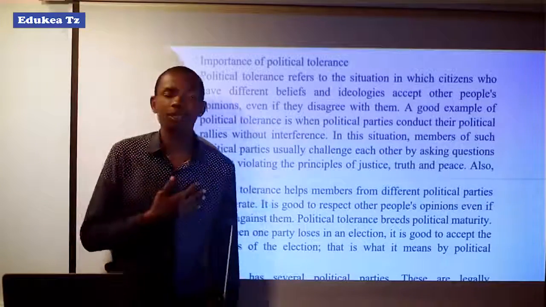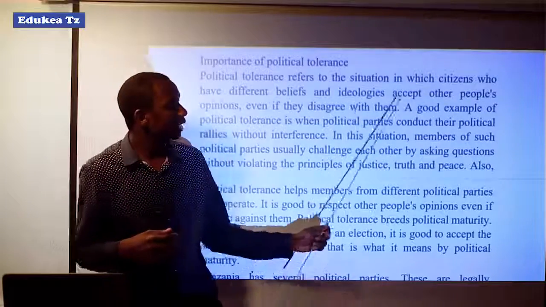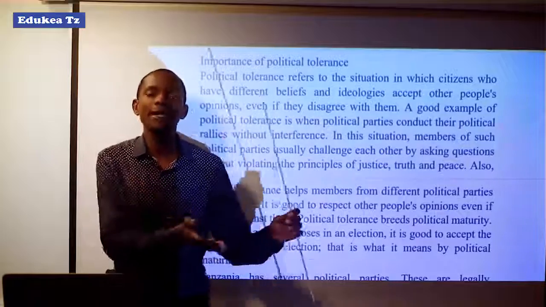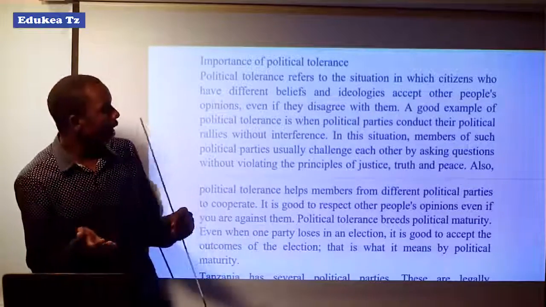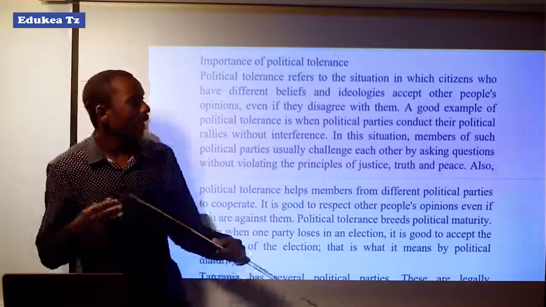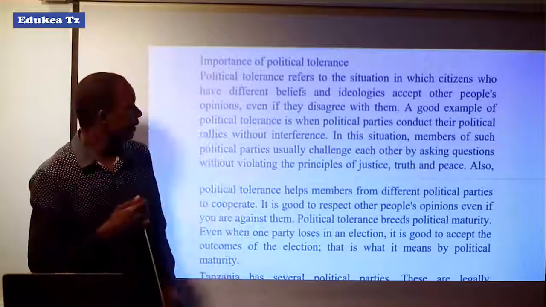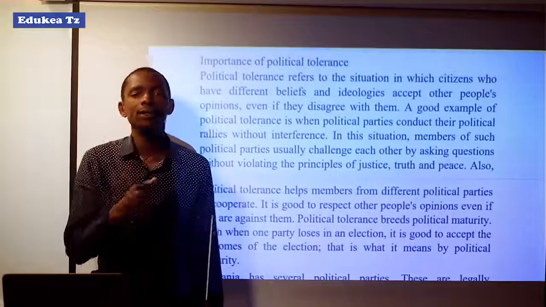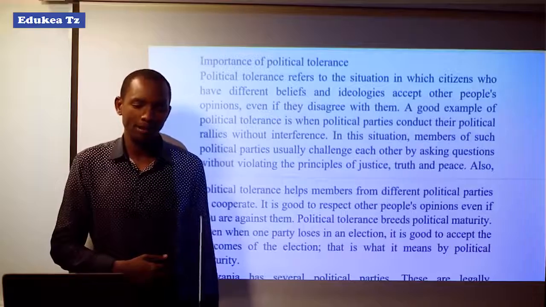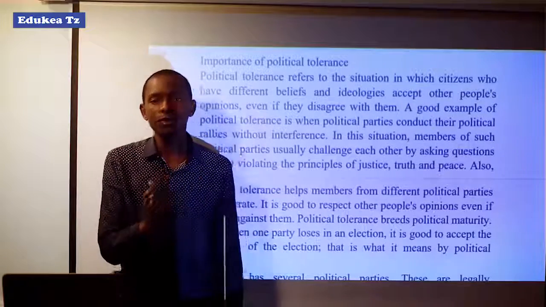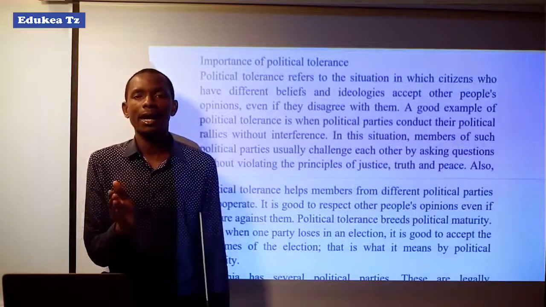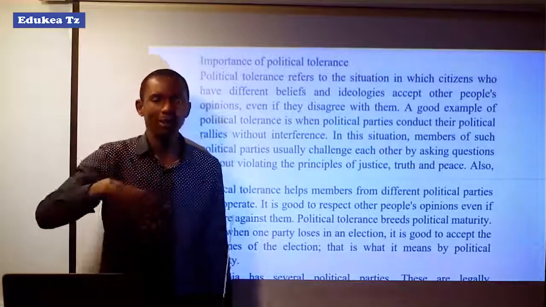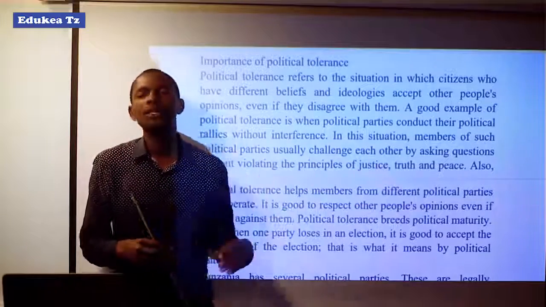So when we are talking about political tolerance, it simply means the situation whereby citizens who have different ideologies and different beliefs accept other people's beliefs or opinions. For example, in Tanzania we have a lot of political parties, but when Chama cha Mapinduzi comes into power and governs this country, there are several other political parties.